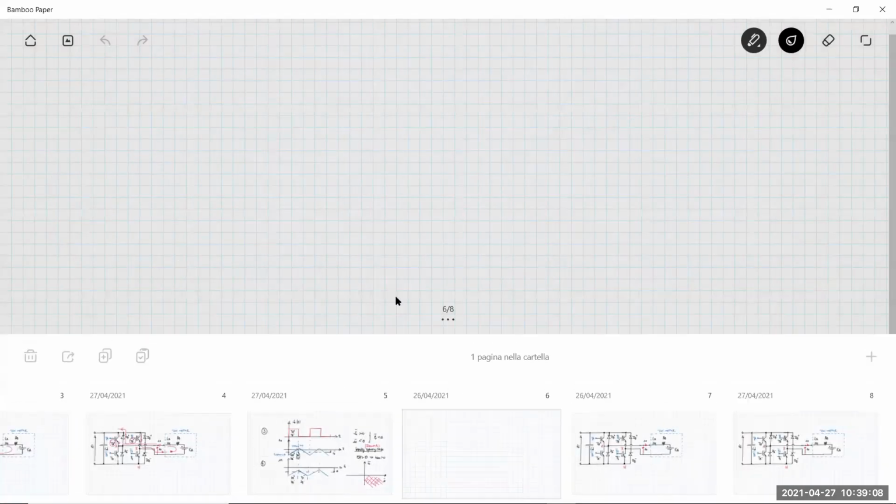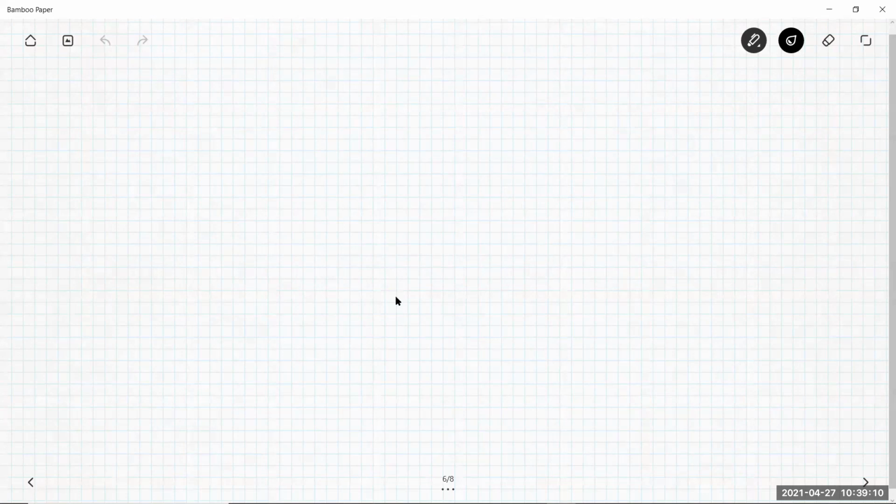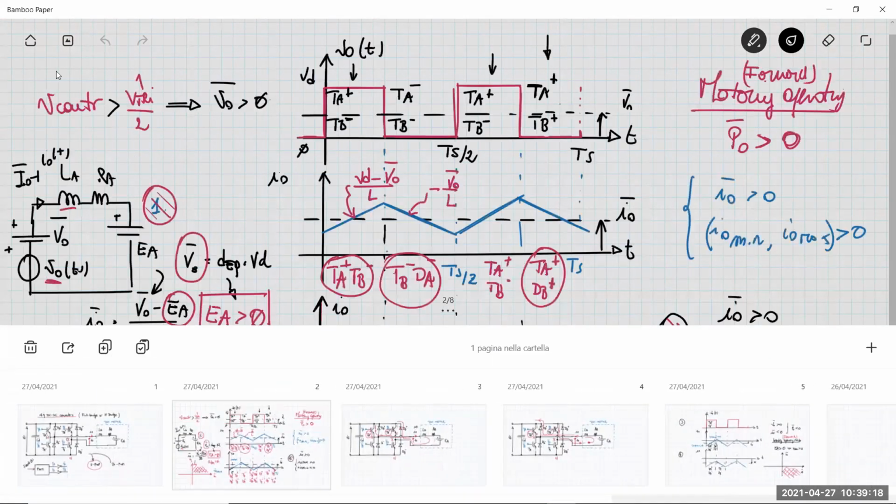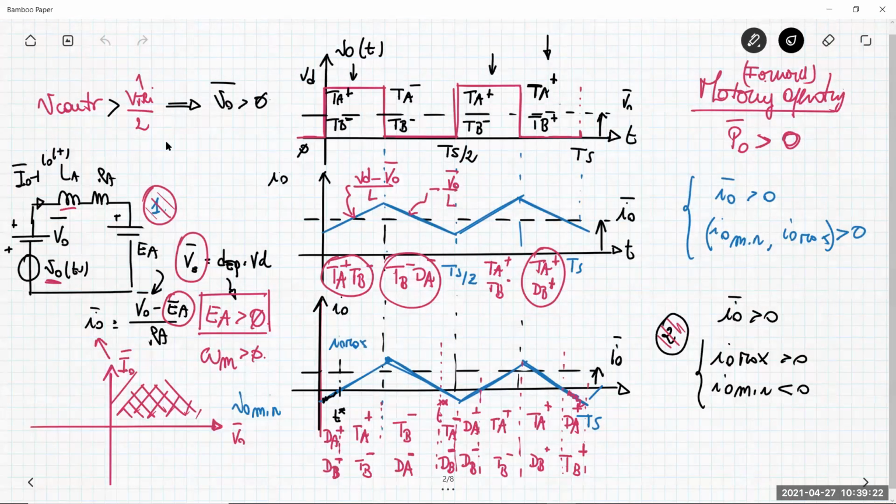This is for a unipolar pulse width modulator having the average output voltage V naught positive, because we have the control voltage which is higher than half the value of the triangular voltage.